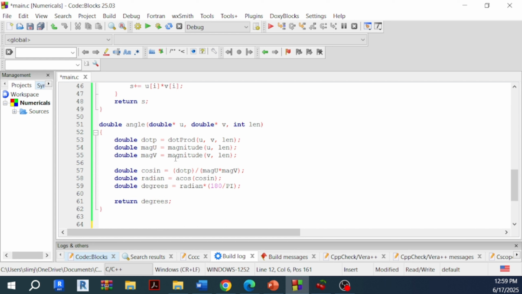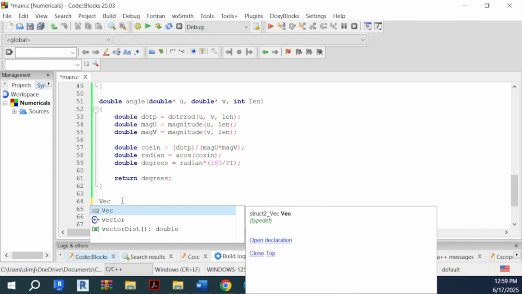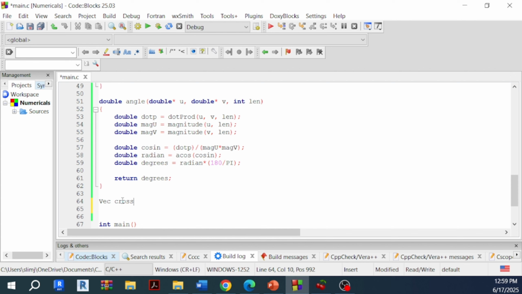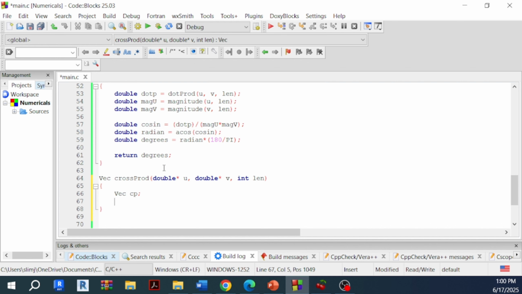Let's then create the function that will return the cross product as a vector. The data type returned is vec, it's a vector. So vec crossprod, with u the first vector, v the second vector, and the length of the vector. Vec cp, we are declaring a new instance of the vector.